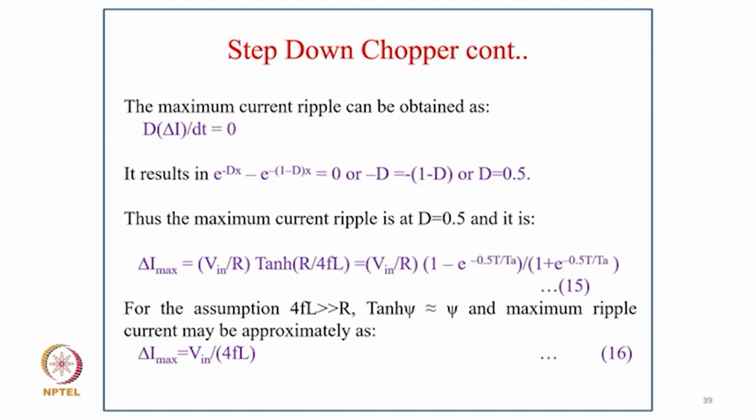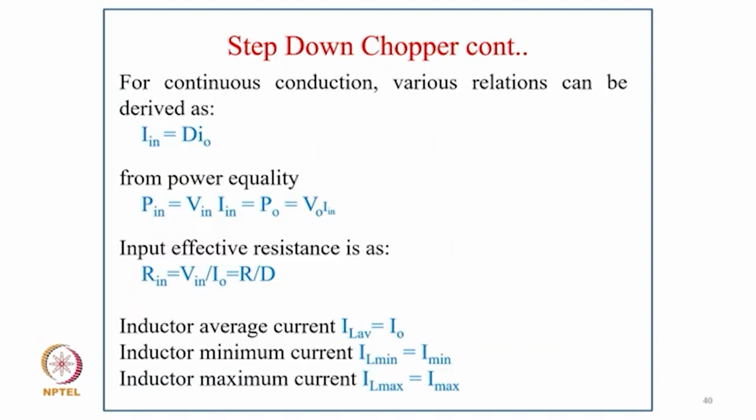For the assumption that 4FL is much higher than R, tanh will be approximately equal to its argument, so the maximum ripple current may be approximated as delta I max equal to V in upon 4FL.